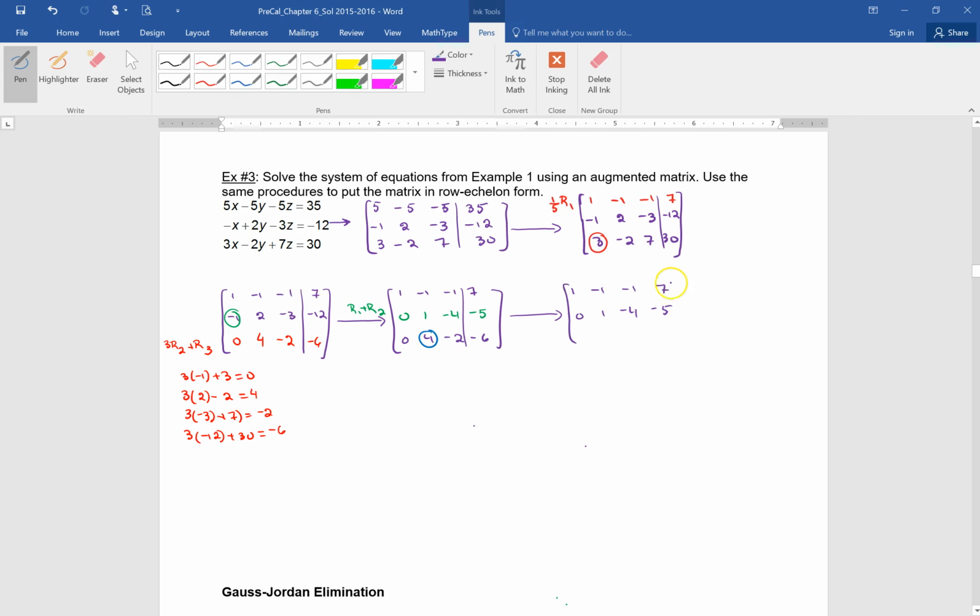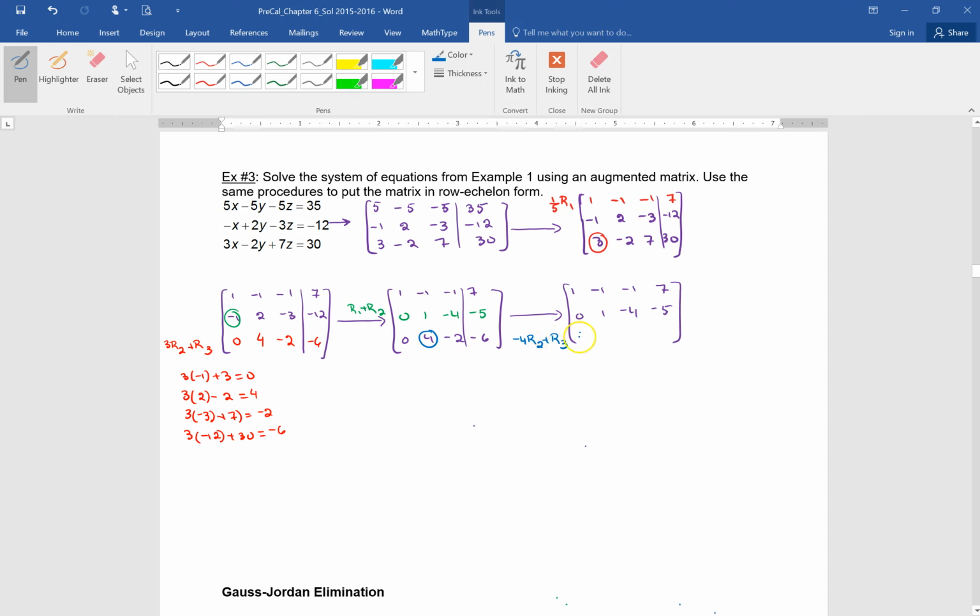Okay, now, to get rid of this 4, it makes most sense to just combine it with the row right above it, right? Because these two are zeros, and if I add row 3 to row 1, I'm going to reintroduce a number here, which I don't want. It'll have undone what I've been doing. So how can I combine these two in order to get that to be a 0? Right, negative 4 times row 2 plus row 3.